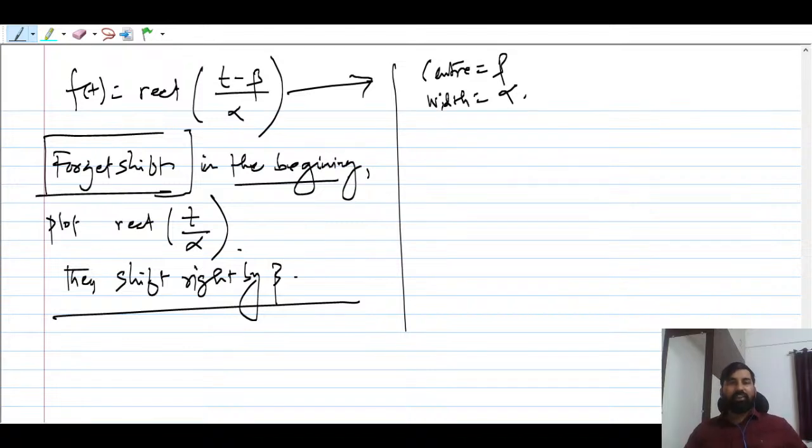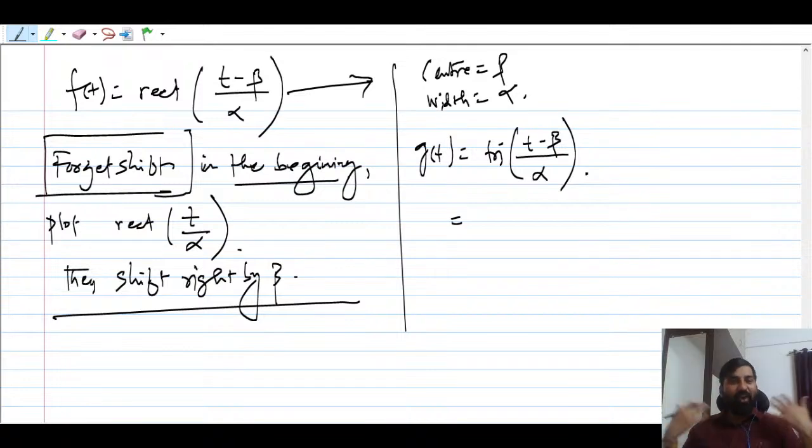Now in case of triangular, suppose we have got g(t) equal to triangular of (t minus beta) by alpha, right? You might have seen in the beginning, when I was telling you, I was also confused, but somehow I managed to tell you correctly. This happens with everyone, because I don't have any notes, I just tell you whatever I know.